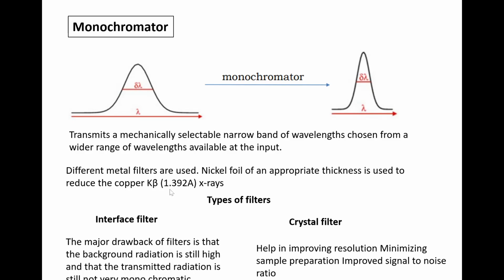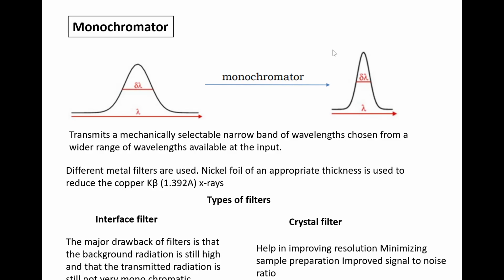You require only the K alpha wavelength to come and hit your crystal, so that you get X-ray diffraction, because the K alpha has a wavelength of 1.5 angstrom, which is similar to the distance of the carbon-carbon single bond.